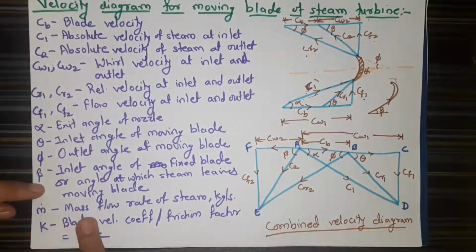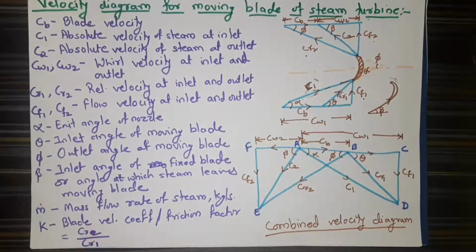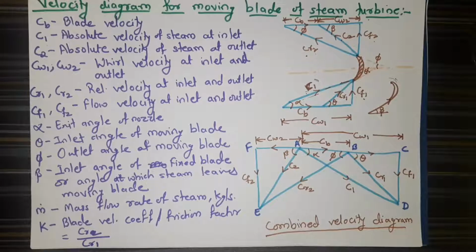M dot is the mass flow rate of the steam, and K is the blade velocity coefficient, or we can also say it as a friction factor, whose value is equal to CR2 by CR1. Just to remind, this we have done in a hydraulic turbine also, that is VR2 by VR1, friction factor.